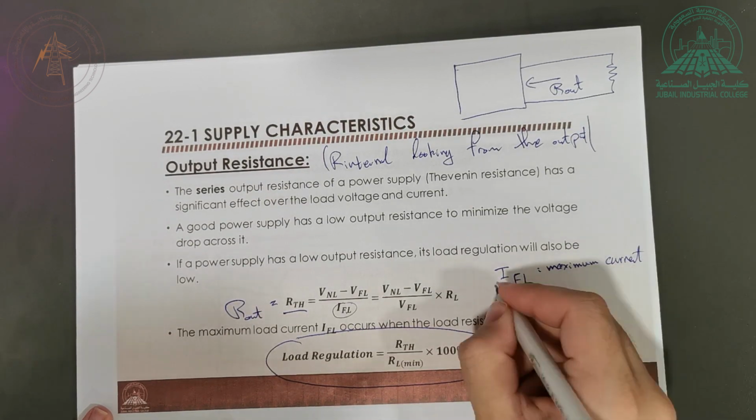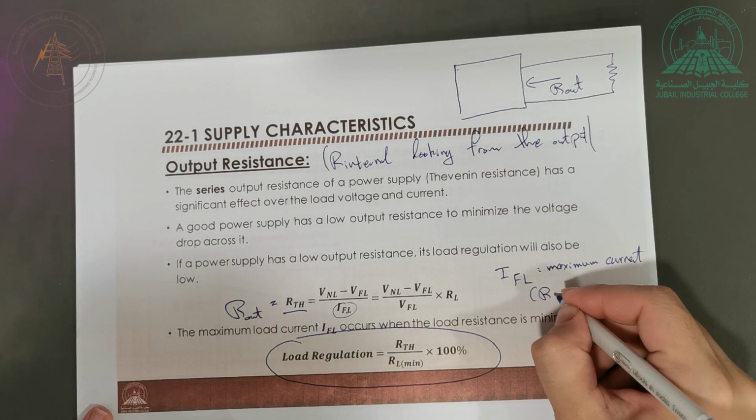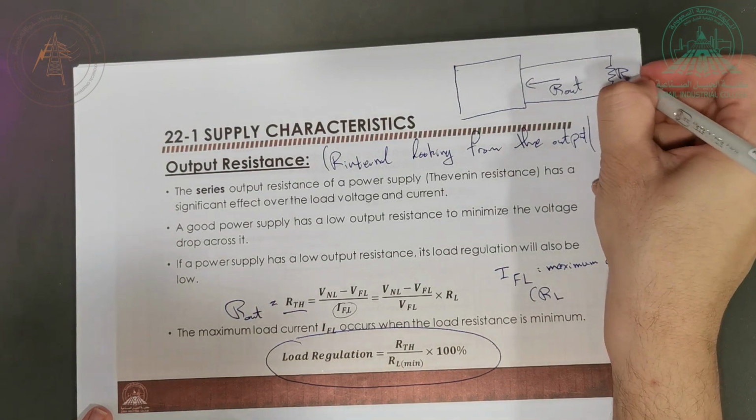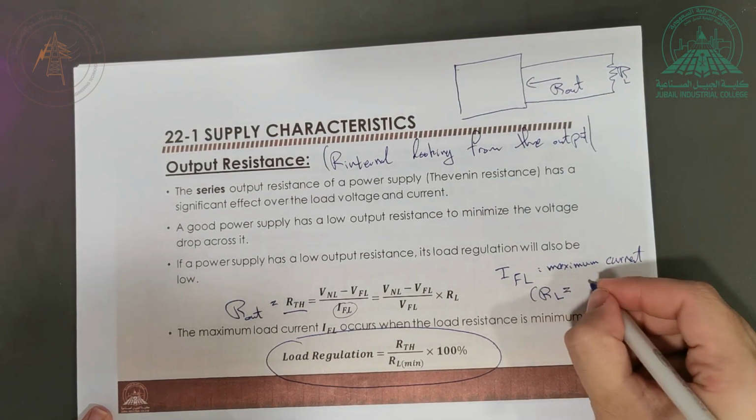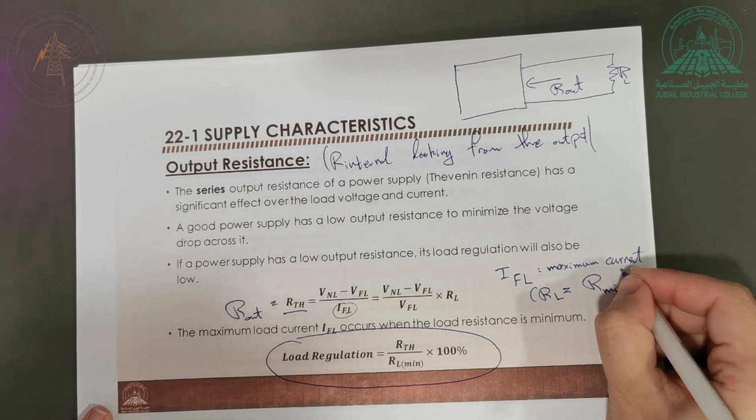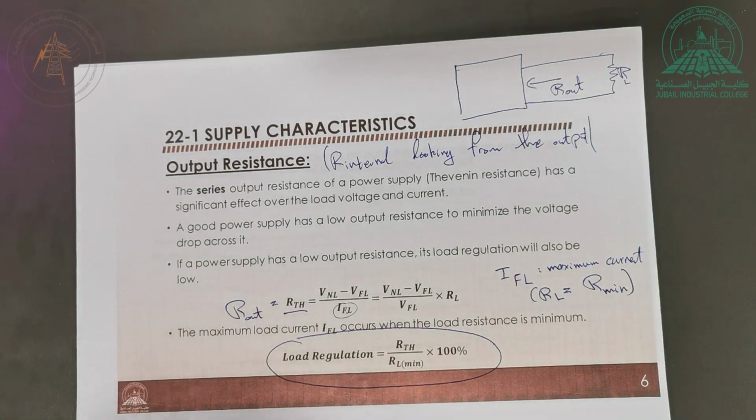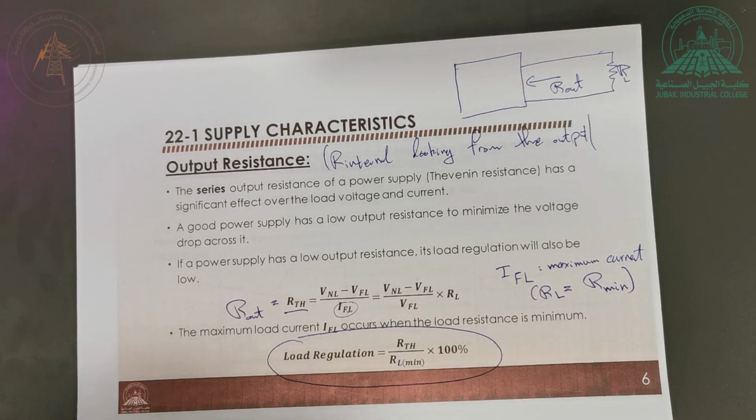When do I get this maximum current? It happens when the load resistance is equal to R minimum. When you set the load resistance at the lowest resistance possible, then you get this maximum load current. So you can use that equation.